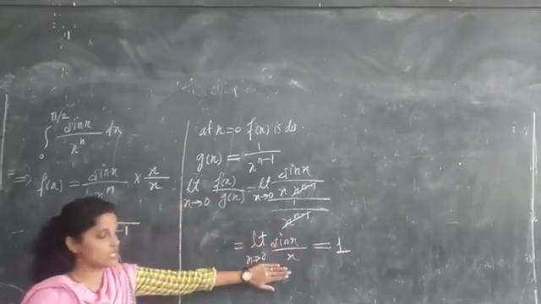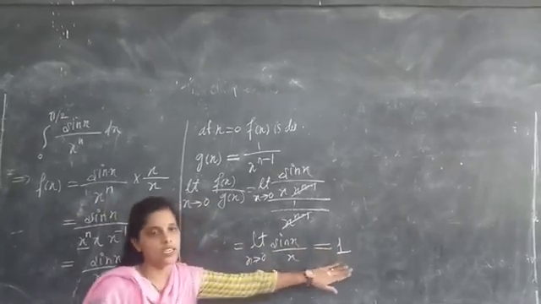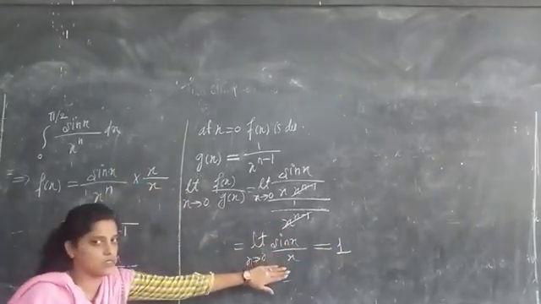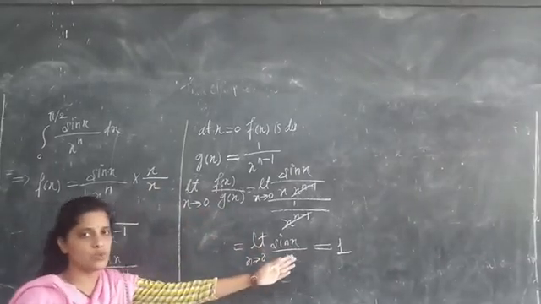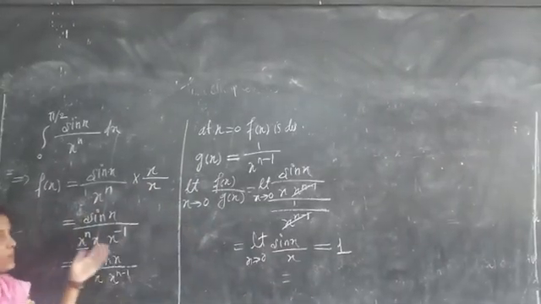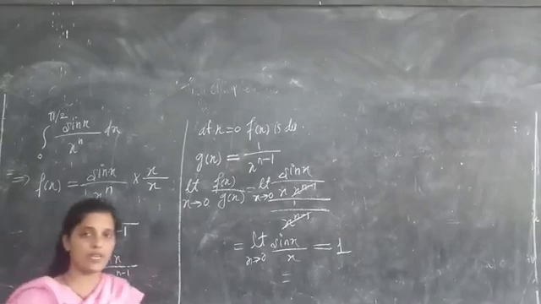Got it? Why are we multiplying and dividing by this? Because to get this. So the limit is 1 and finite. Therefore, by the comparison test, f of x and g of x behave alike.